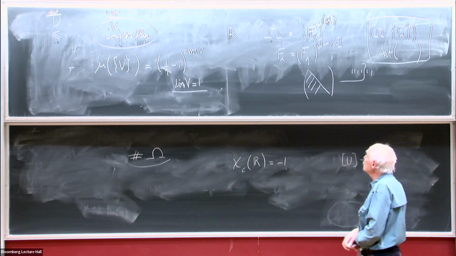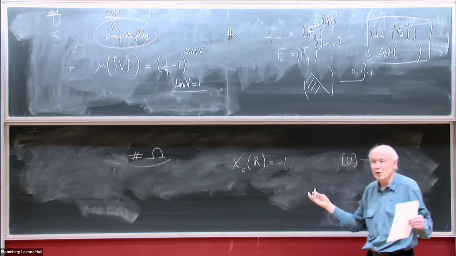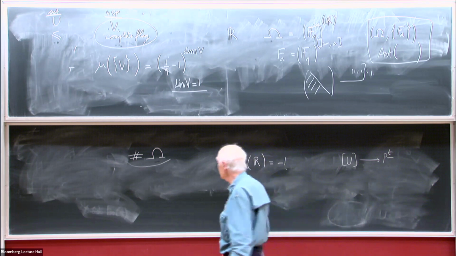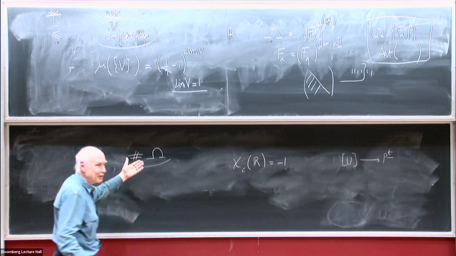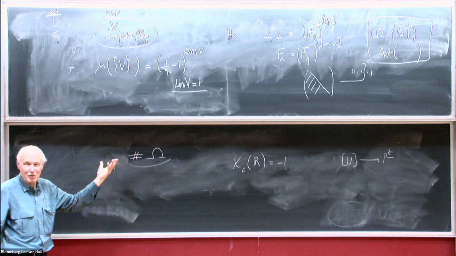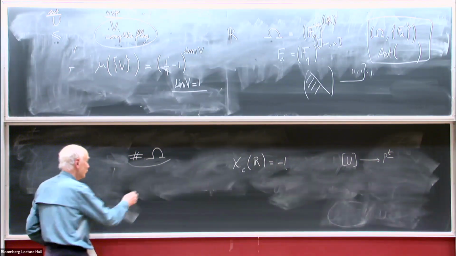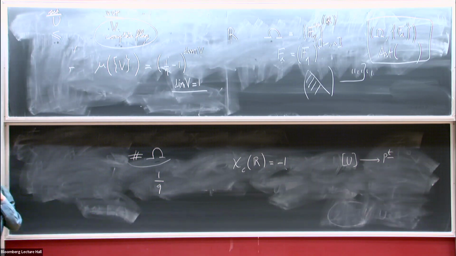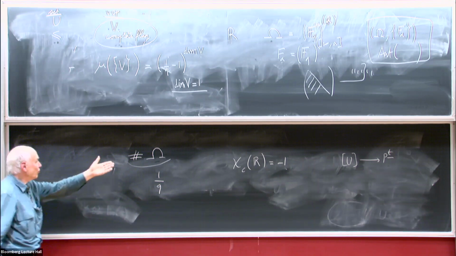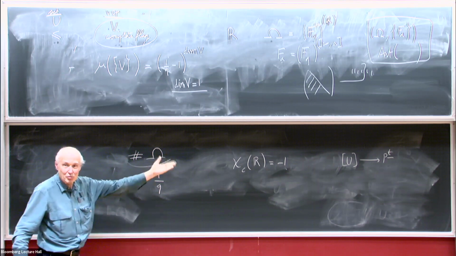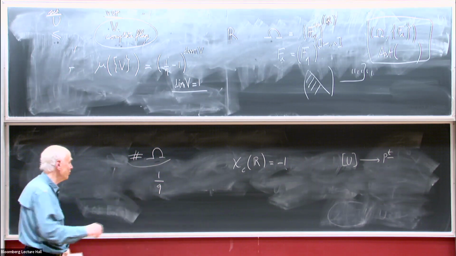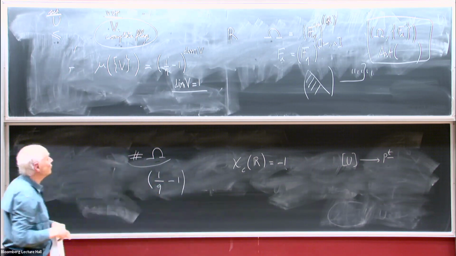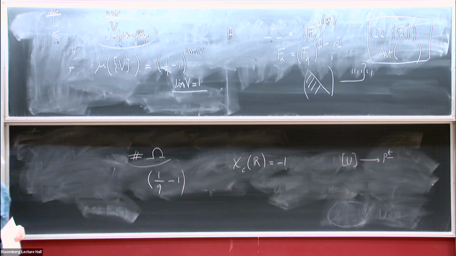This suggests that one should view R as a set with minus 1 element. Now, if R is a set with minus 1 element, omega is a vector space with a basis with minus 1 element, and so it should have as number of elements 1 over q. Now, I don't want all of omega, I want to subtract the zero element. So I subtract 1, and this is what the answer is.